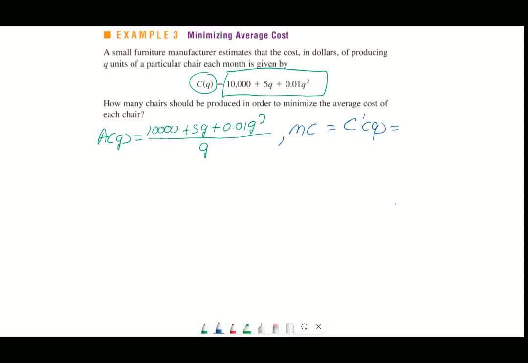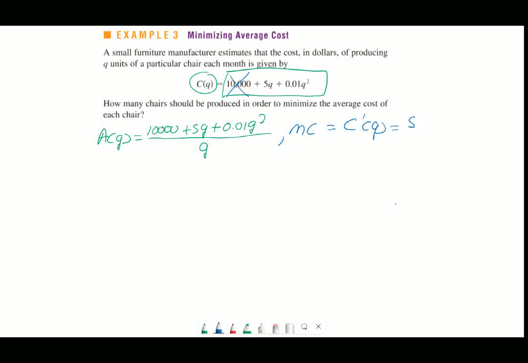So notice when we take the derivative of the cost function, the first term, no matter what, and that is my initial value of cost or my startup cost, is not impacting the derivative at all. It doesn't matter if it's 10,000 or 10 billion. So that's important.